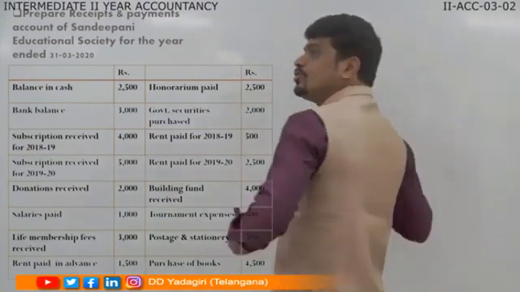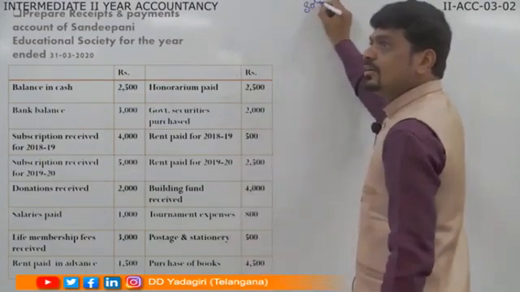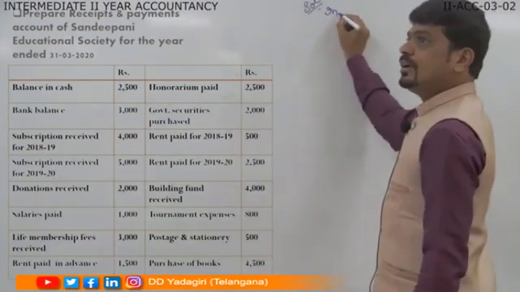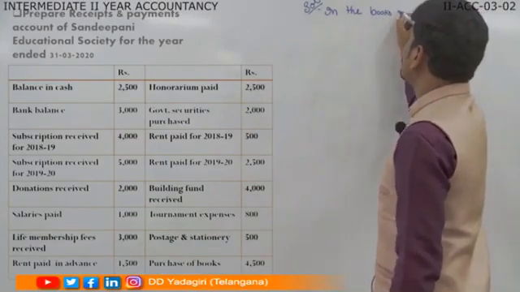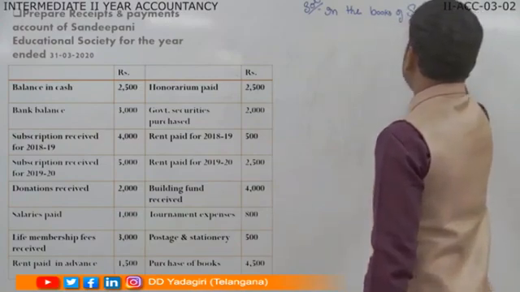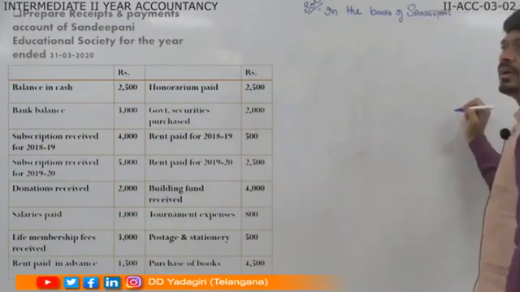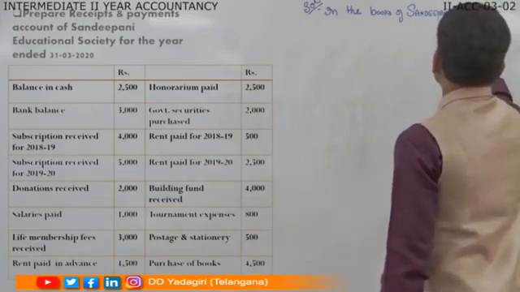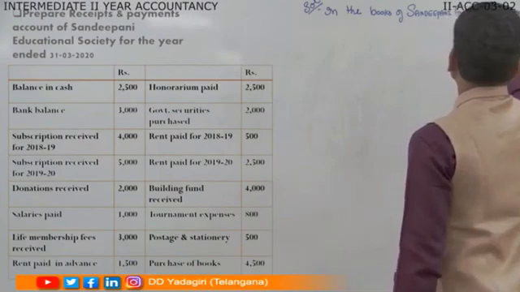Again, the solution. The heading will be: in the books of, what is the name of the organization they gave? Sandipani Educational Society. So in the books of Sandipani Educational Society.